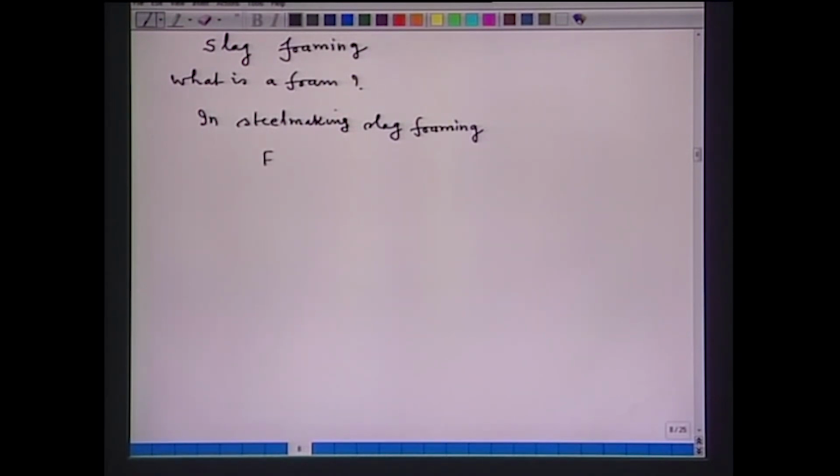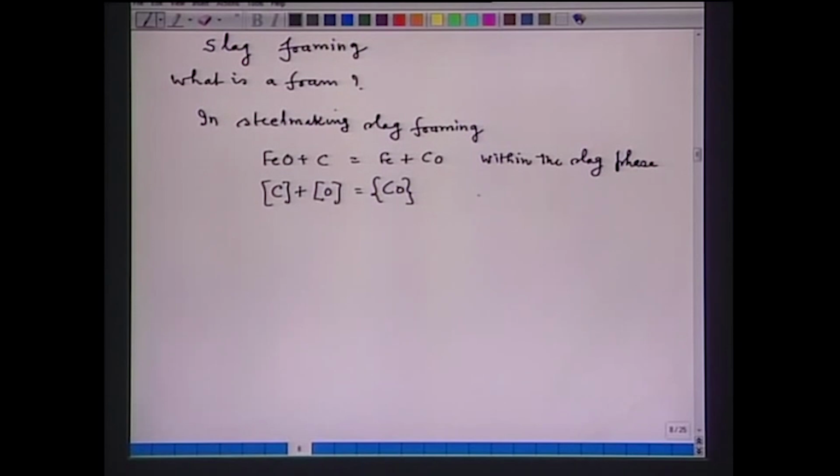One reaction is FeO plus C equal to Fe plus CO. This reaction occurs within the slag phase. Another reaction is carbon in metal plus oxygen in metal equal to CO, gaseous phase, and this reaction occurs at the gas-metal interface.